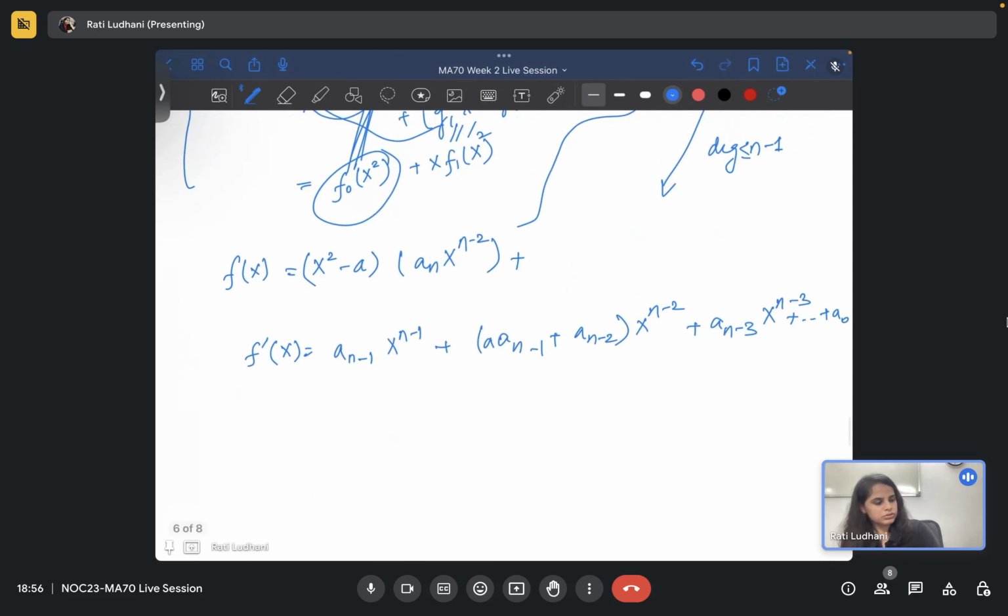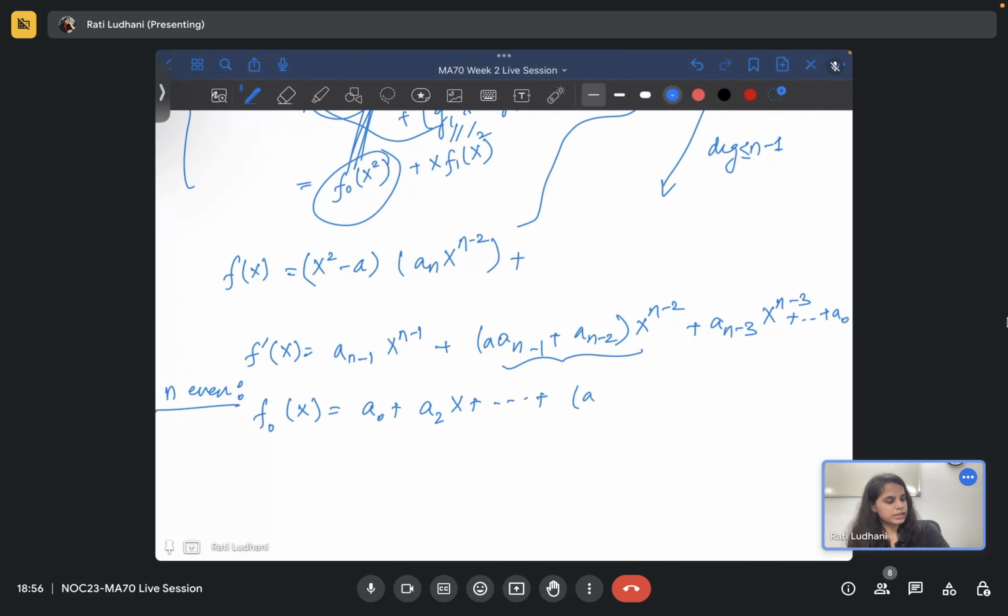Okay, so now you calculate this f0 of x, not just a, f0 of x. What will you get? You have a0 plus a2x, and there could be others. Now I have to assume what n is. If n is even, then this term will appear.